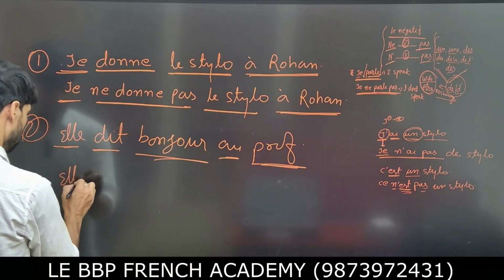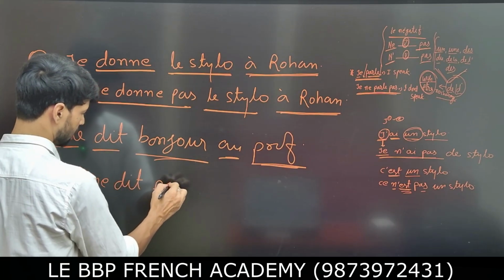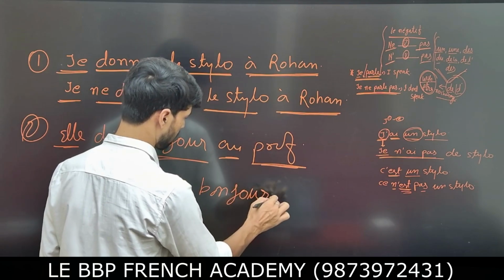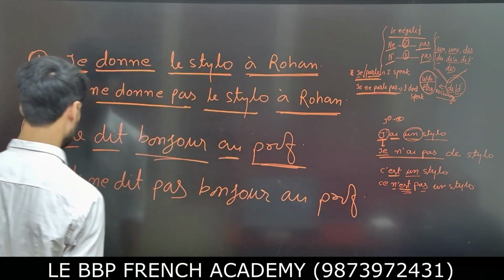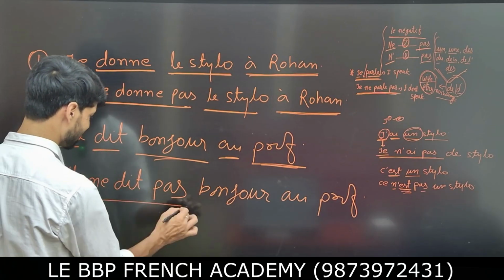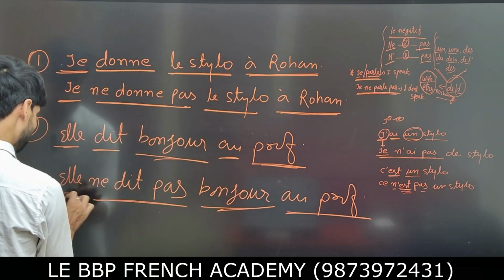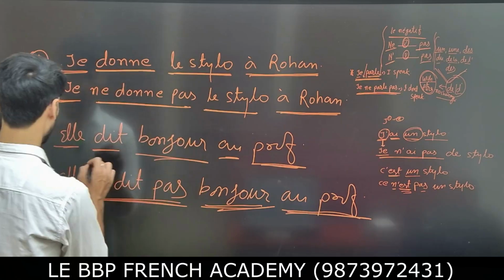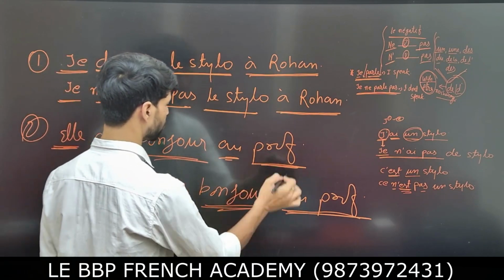So, elle ne dit pas bonjour au professeur. Okay, so she doesn't say hello to the teacher, or she is not saying hello to the teacher. Over here also, she says and she is saying hello to the teacher.